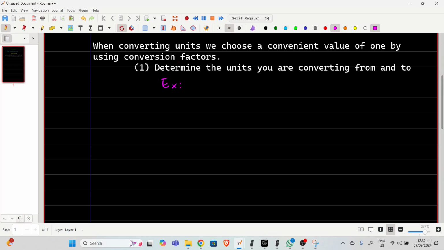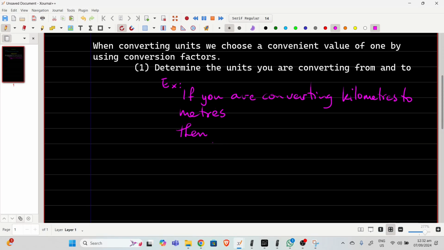And as I said, if you are converting kilometers to meters, then the from units is going to be kilometers, and the to units is going to be meters.